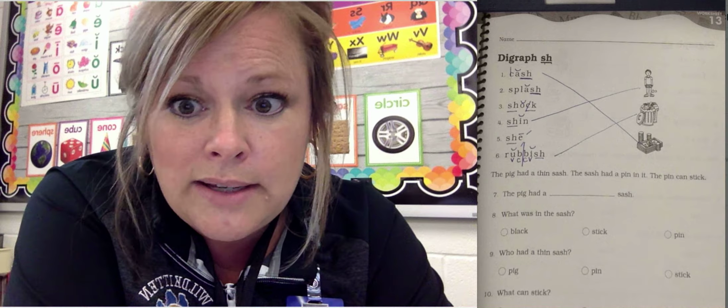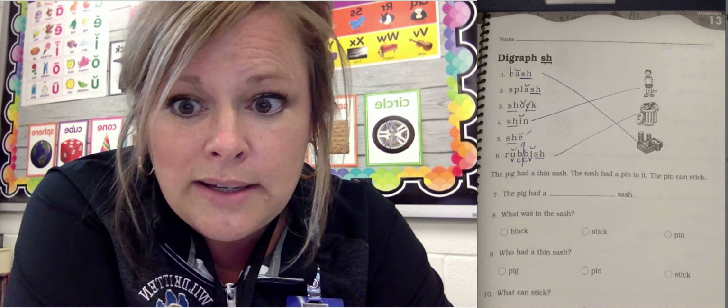All right. Now, number 2, I can see that there's a nice blend there. Blends are a little different than digraphs. Well, they're a lot different. They have 2 to 3 letters, and you hear all the sounds, but they're just blended very nicely together, which is how they get their name blends. So we've got a SPL right there, but there's no need to code. You hear all of its sounds.